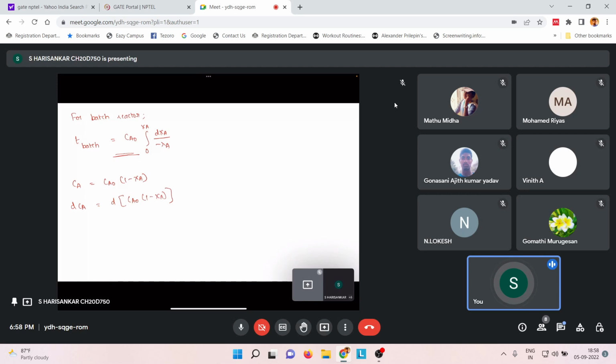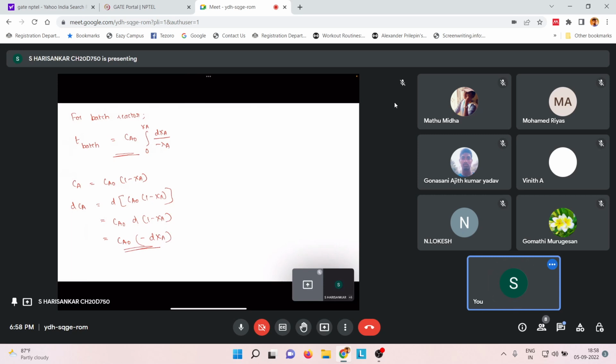Now Ca0 is constant, so we can take this out. So Ca0 into d(1 minus Xa), and d of 1 is nothing but 0, so we just write Ca0 into minus dXa.